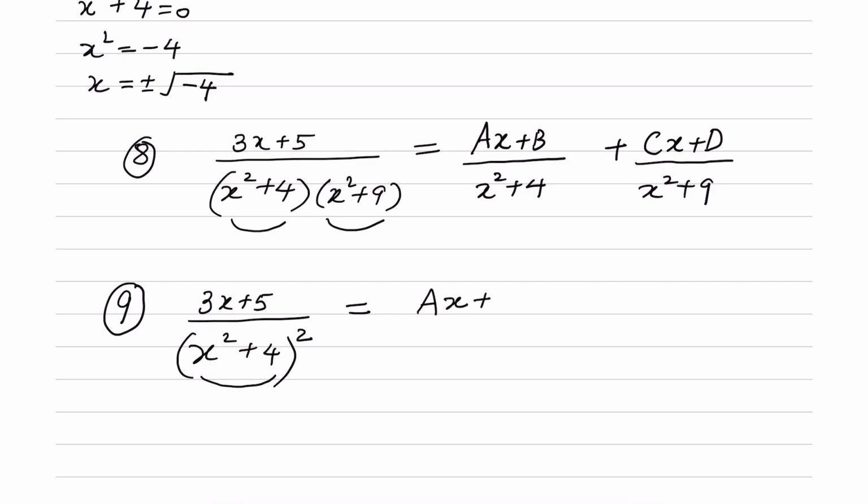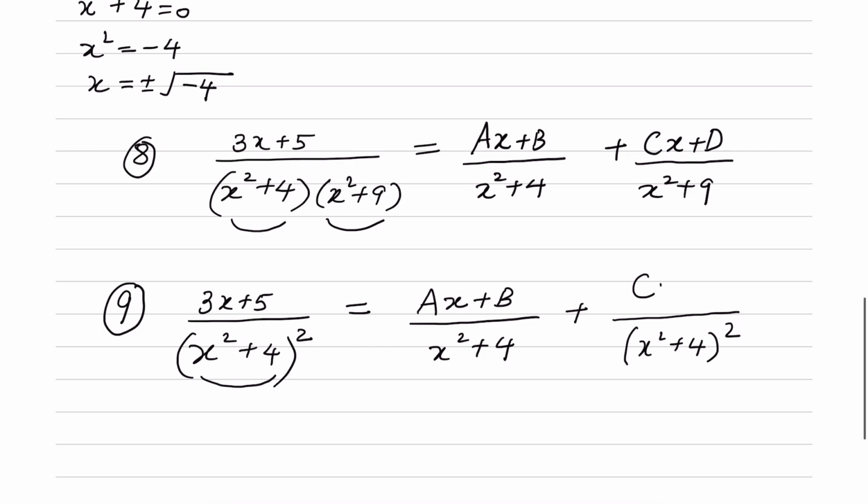The rule is (Ax + B) divided by (x² + 4). And now we raise the power: (x² + 4) whole square, because here the power was 2. And in the numerator, since we have raised the power of a 2 degree expression which cannot be factorized, the rule is the same, Cx + D.